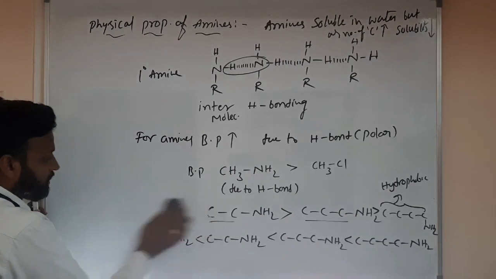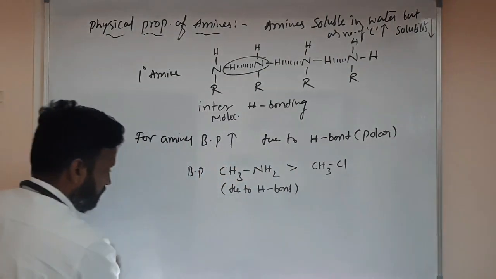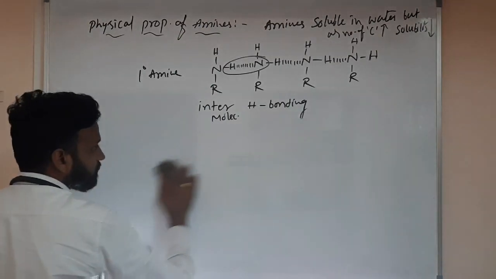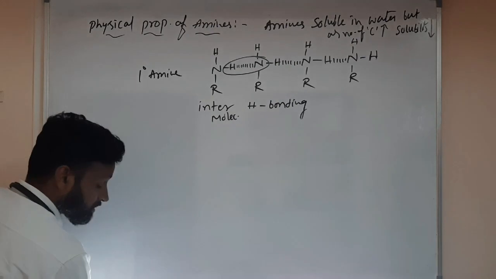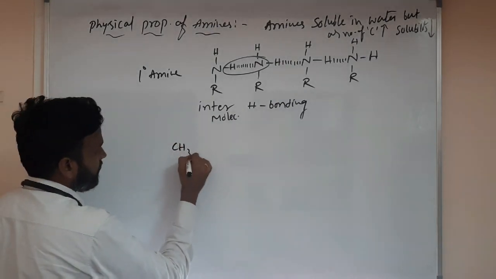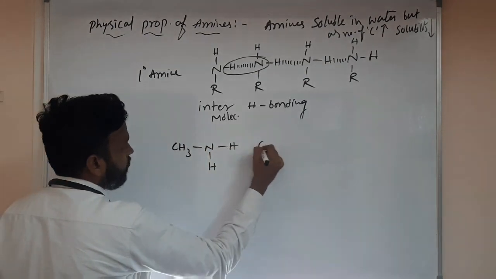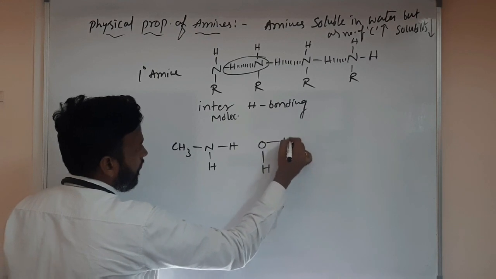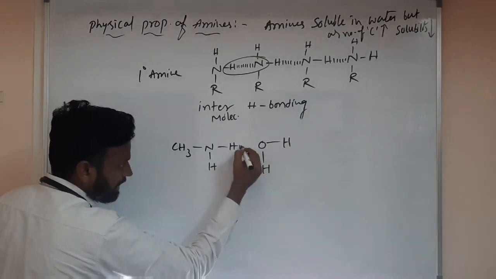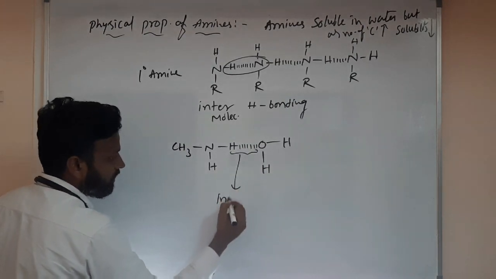Next, amines soluble in water, but as number of carbons increases, solubility decreases. Suppose you take CH3NH2 and water H2O. So hydrogen of this amine and oxygen of this water have a hydrogen bond like this. What is this bonding called?